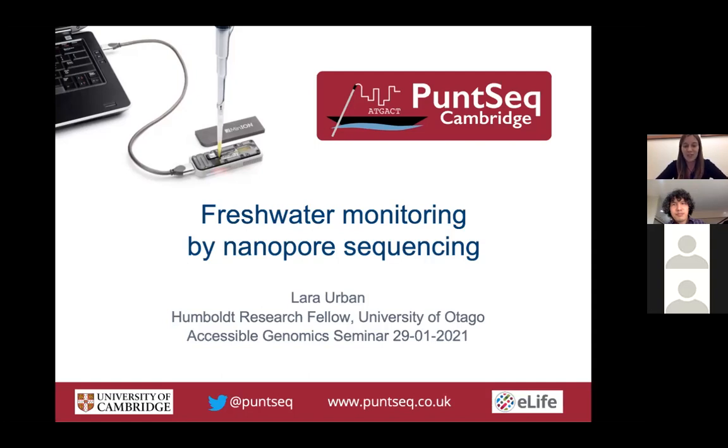So really different projects, but we all thought, we want to come together and use M9 sequencing for something. Because at the time that we started coming together, a lot of researchers still thought that the M9 has such a high error rate, nanopore sequencing in general, that it can't be used for any real research yet. And we were interested in to which extent this is true and what we can actually find out with nanopore sequencing.